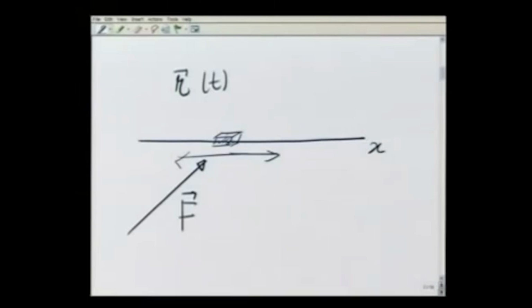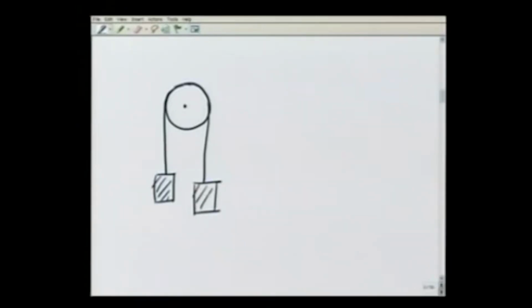As another example, which is quite well known and also known as Atwood's machine, is two masses moving on a pulley when they are tied by a string. In this case, the masses are no longer free to move. That means if I have this mass m1 and the other mass m2, m1's motion is not determined by this equation alone.